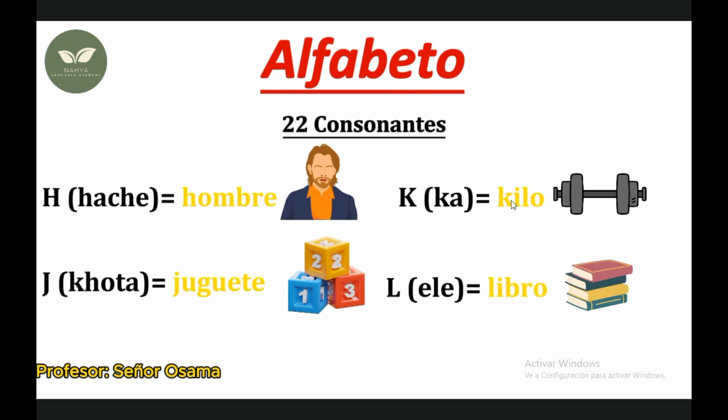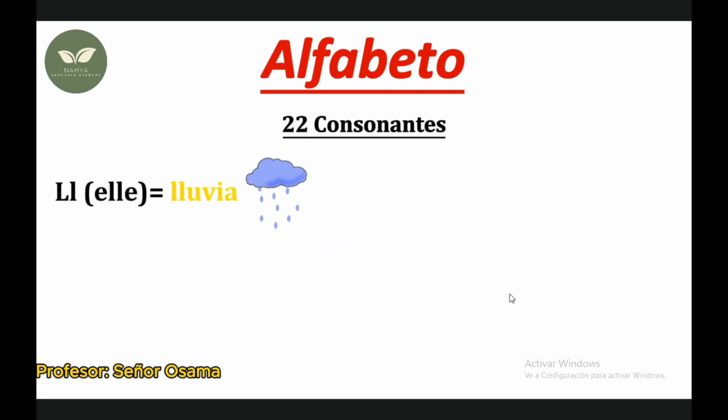So the next one is L. We find this letter in the example of libro, which means book. So the next letter is double L. The pronunciation of this letter is like y, because double L gives us the sound of y.